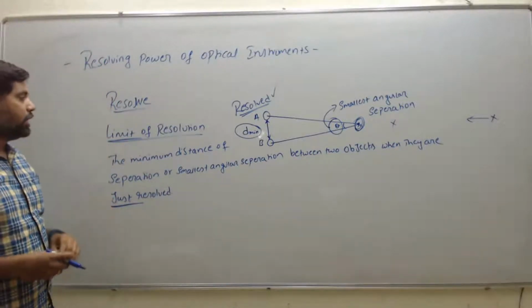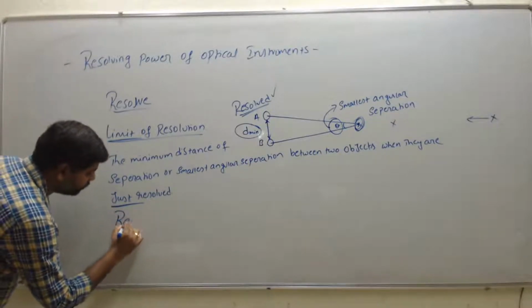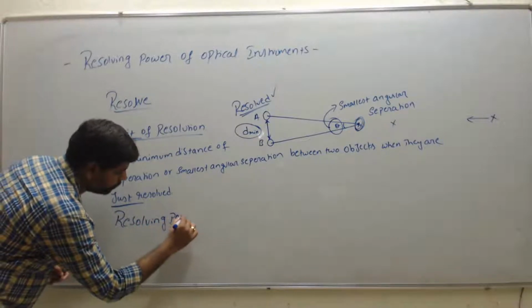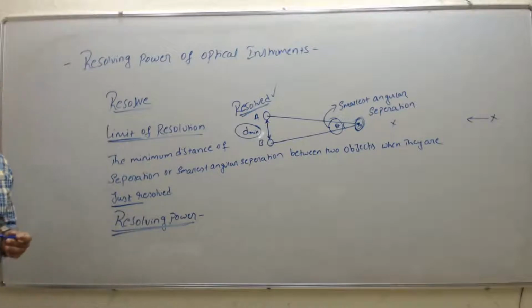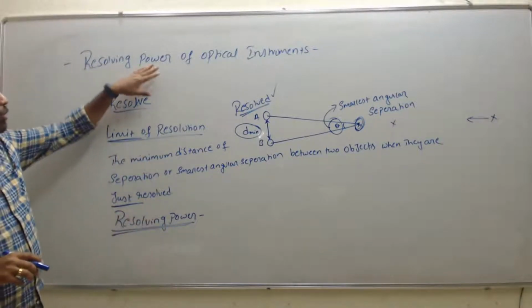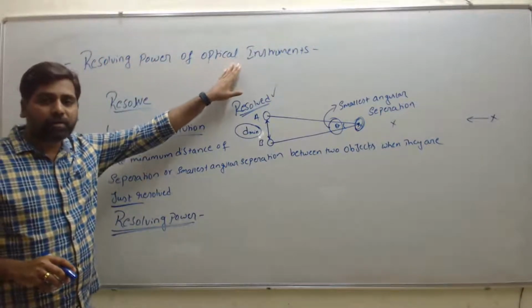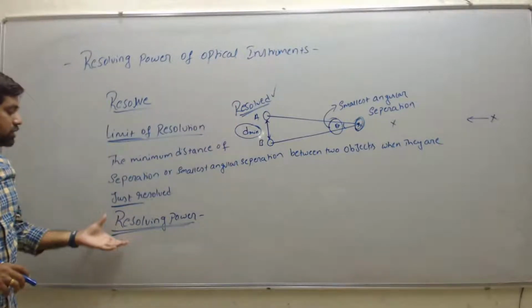After the limit of resolution, the next topic is resolving power. If you know the resolving power, then we can find the resolving power of the microscope and of the optical instrument. So what is resolving power?